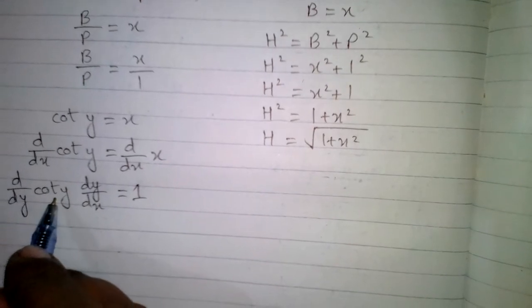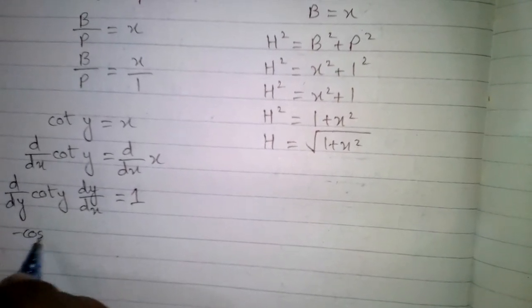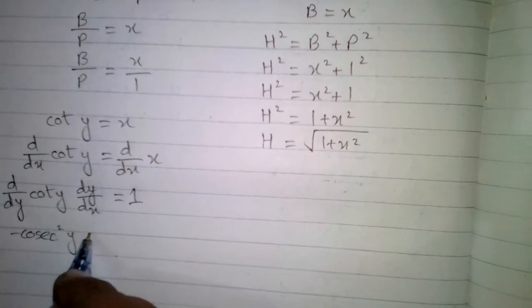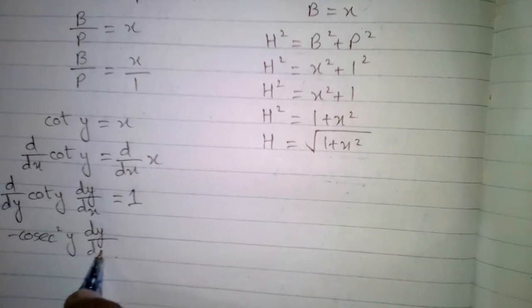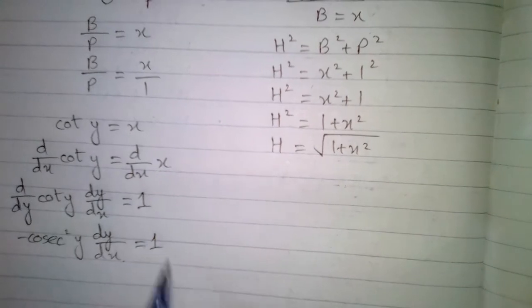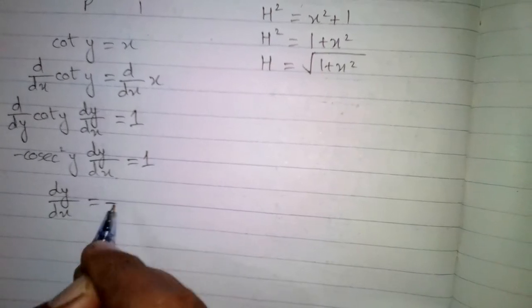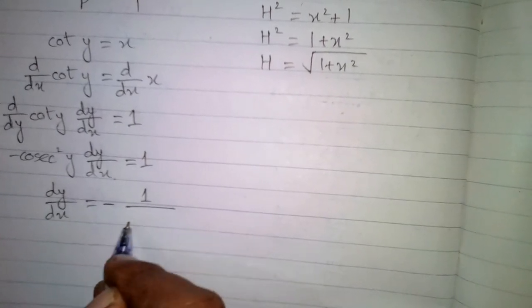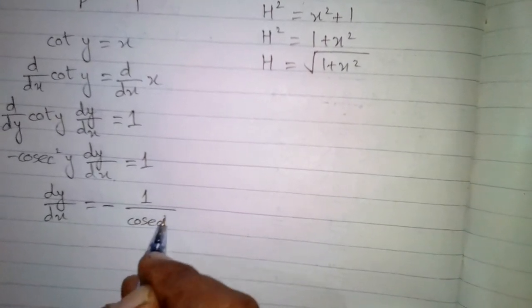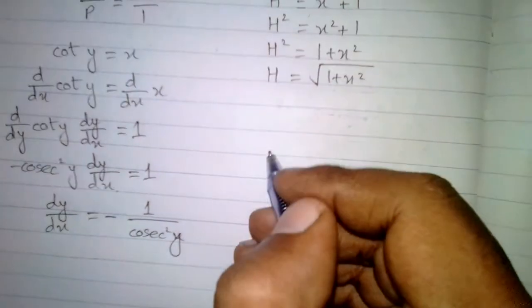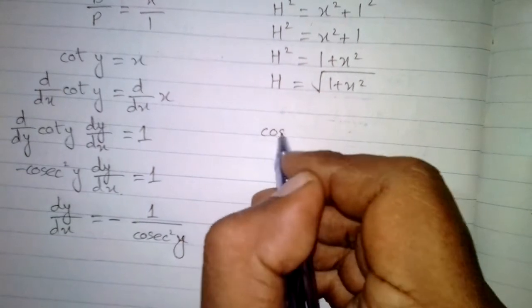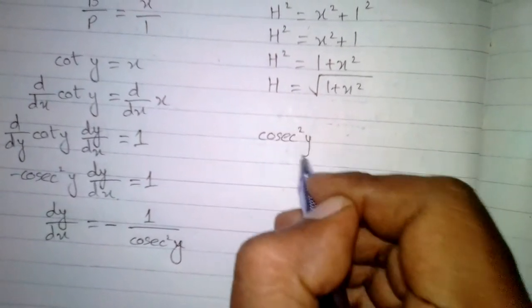Now the derivative of cot y with respect to y is minus cosec square y, so minus cosec square y dy by dx is equal to 1, or we can write dy by dx is equal to minus 1 upon cosec square y. Now we will find the value of cosec square y.